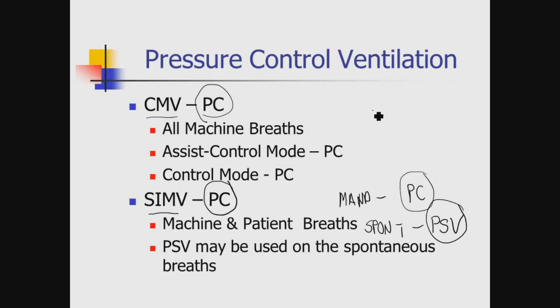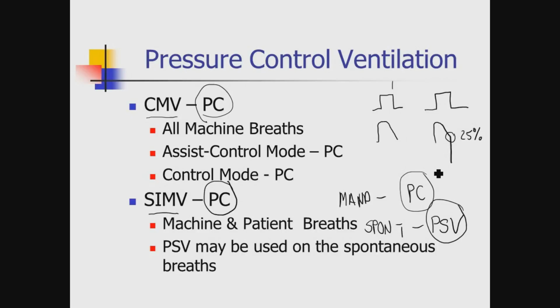The difference between them: in pressure control, what determines the end is inspiratory time. In pressure support, it's when the peak inspiratory flow falls to a preset threshold, usually 25%. So they're both pressure-based, pressure-limited breaths. The difference is the cycling mechanism.